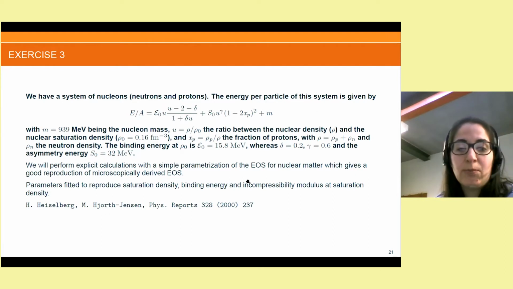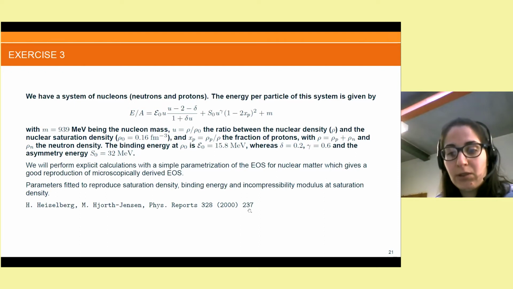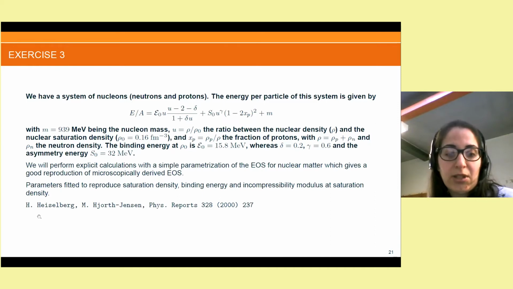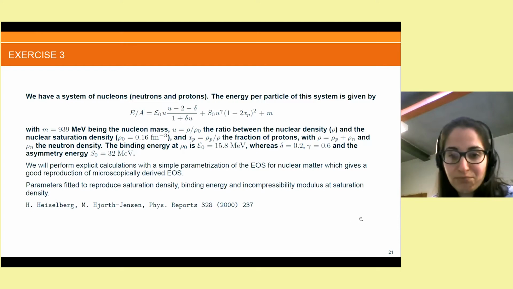This is a very simple parameterization for the equation of state of nuclear matter, but it gives a good reproduction of equations of state that have been derived microscopically. These parameters and their values have been fitted to reproduce nuclear properties like the saturation density, the binding energy, and the incompressibility modulus at saturation density. If you are interested in reading more, this parameterization is given in this article here.